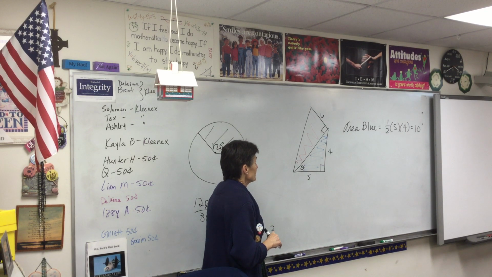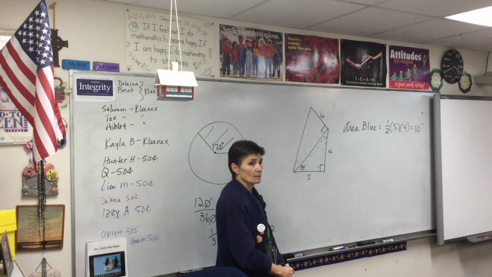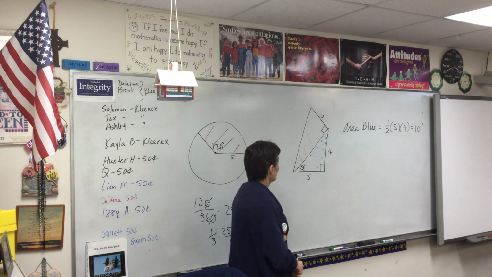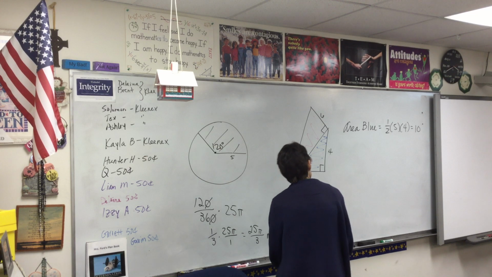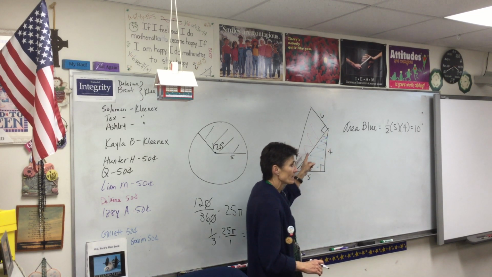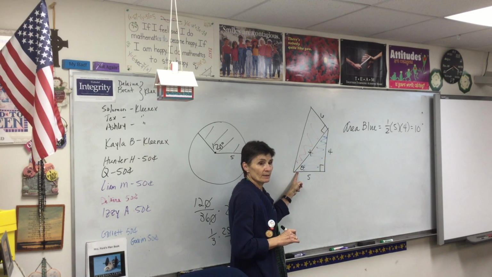All right. Now what about the red? Izzy? I did a squared plus b squared equals c squared to find that line. Oh, wait a second. Izzy said she can find this line right here. I'll call it x. By doing the Pythagorean Theorem.